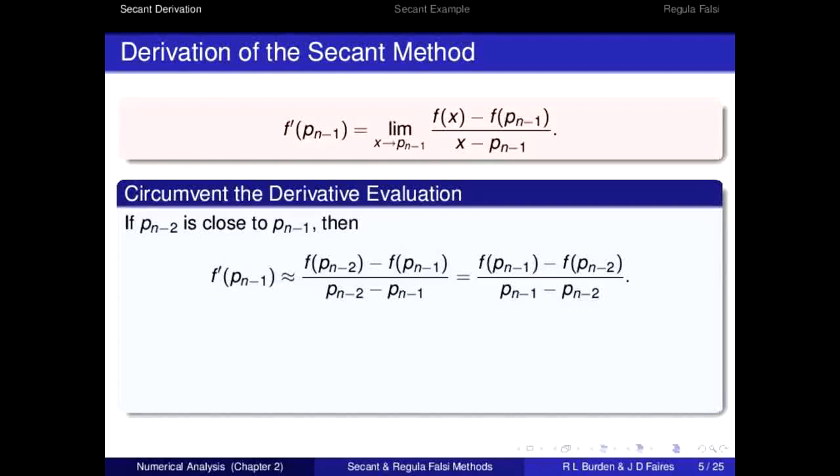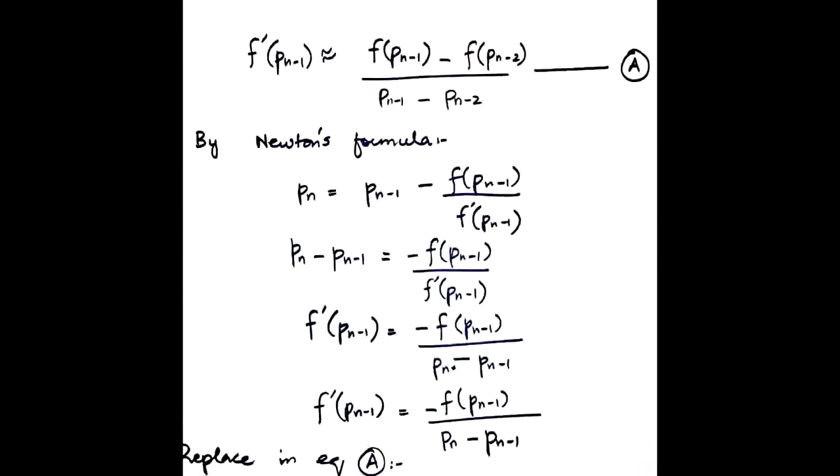The equation becomes f'(Pn-1) is approximately equal to f(Pn-2) minus f(Pn-1) divided by Pn-2 minus Pn-1. Suppose that these are consecutive points: one is the point Pn, its preceding point is Pn-1, and its preceding point is Pn-2. By replacing x with Pn-2 we serve that purpose.